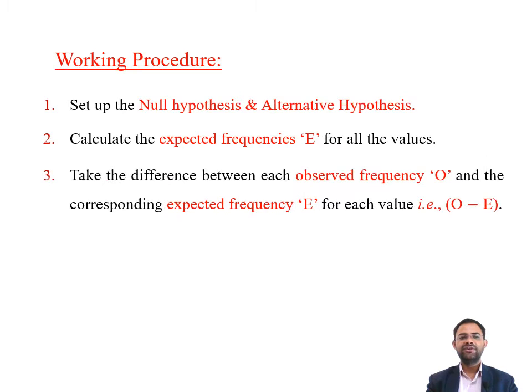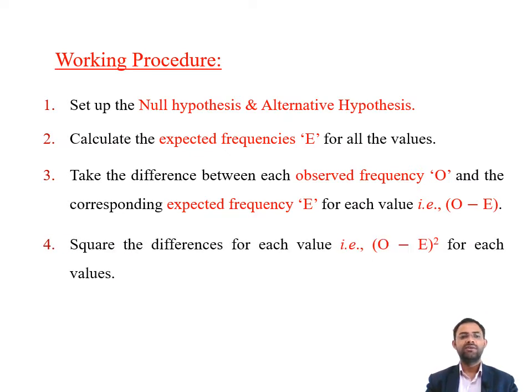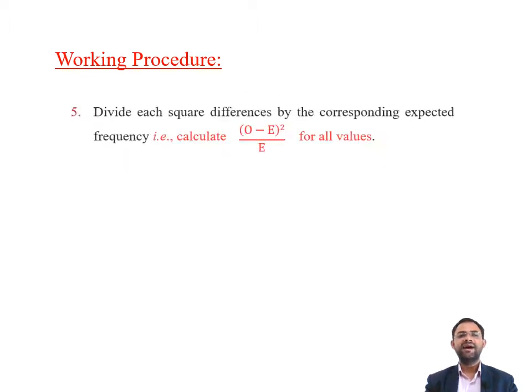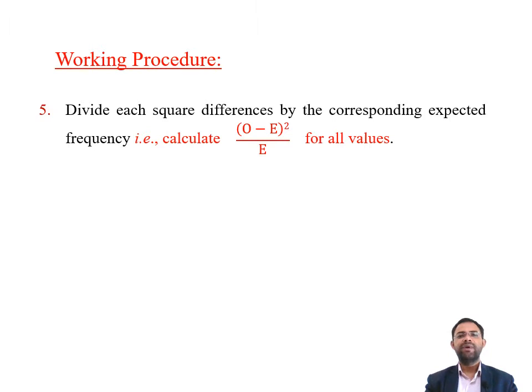In the next step, take the difference between the observed frequency and the corresponding expected frequency for each value, that is O minus E. In the next step, square the differences for each value, that is, we have to square O minus E for each given value. In the next step, divide each squared difference by the corresponding expected frequency, meaning we have to calculate (O minus E) whole squared divided by E for all the given values.